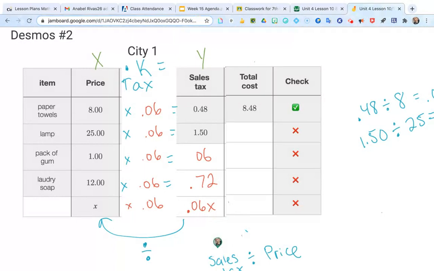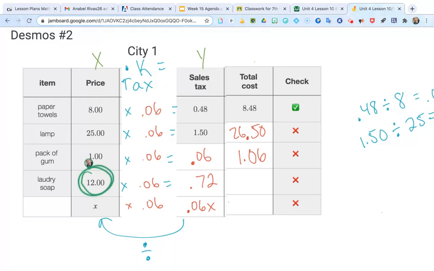And for the total cost, so for this column right here, I just got to add them together. So 8 plus 0.48 is $8.48. 25 plus $1.50 is $26.50. $1 plus 0.06 is 1.06. $12 plus 0.72 is 12.72.